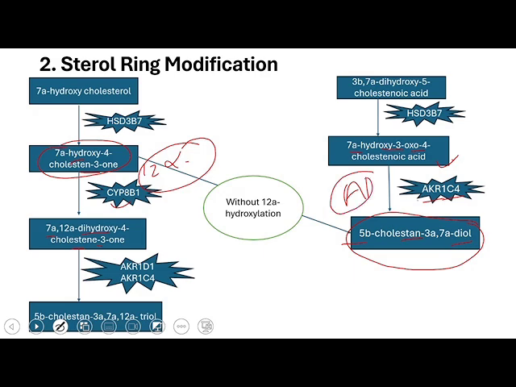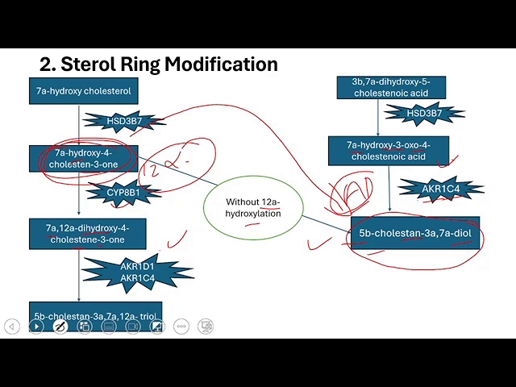So this compound of the classical pathway leads to the intermediate compound of the alternative pathway if there is no 12 alpha hydroxylation. This is the interconnection between the classical pathway and the alternative pathway.